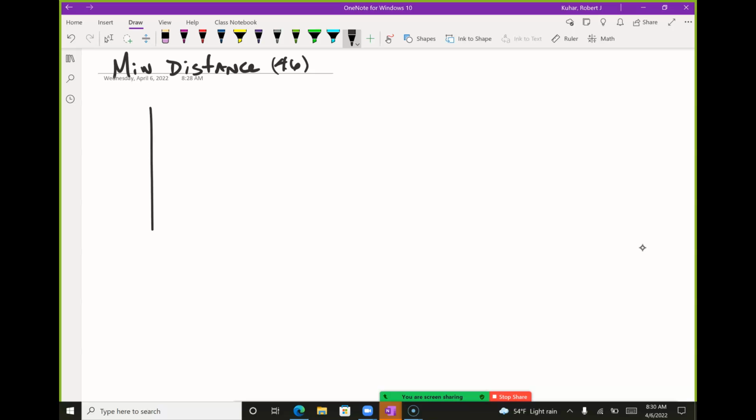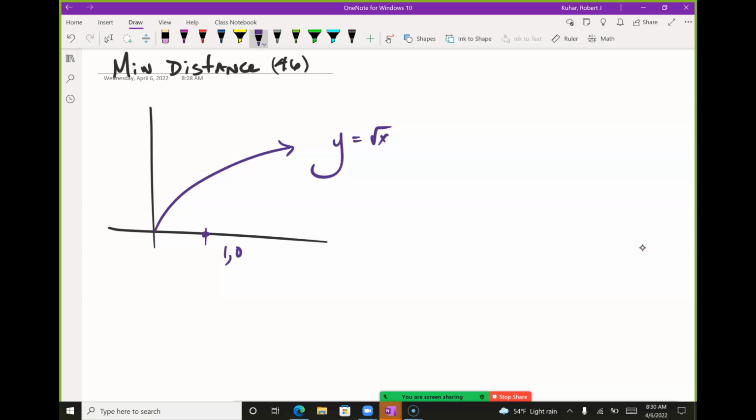All right, so I like to start with a square root function, and I'll pick the point 1, 0. I want to find the min distance from the point to the curve, right?